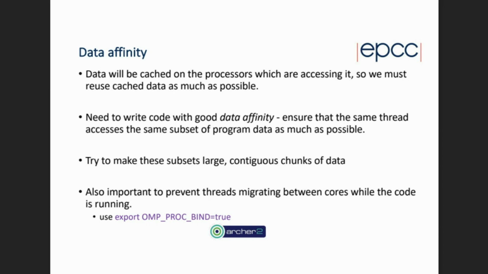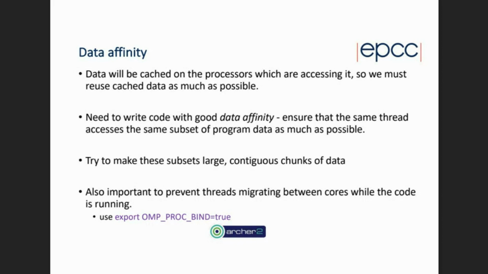So what does that mean for our OpenMP programs? Okay, well, data will be cached on the processors that are accessing it. So we have to reuse cached data as much as possible. This is really just an extension of the normal locality concerns you have with optimizing sequential programs. We've just added this extra parallel dimension to it. So really what that means in practice is we need to write code with good data affinity.